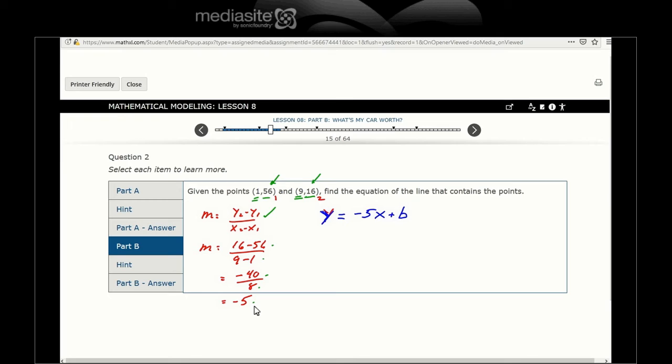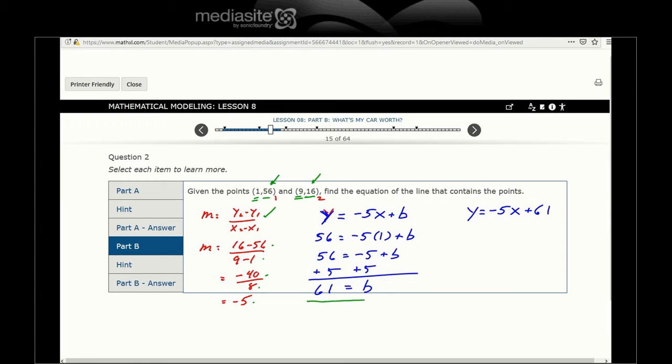Now using one of these points, substitute in and find me what b is. Okay, hopefully you should have gotten a value for b of 61.